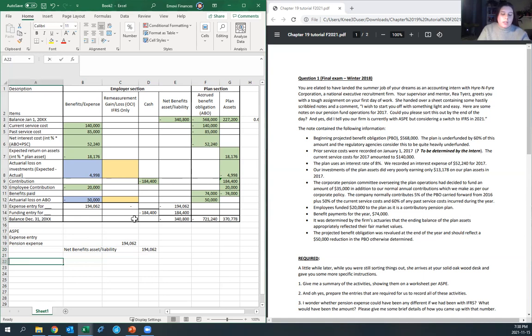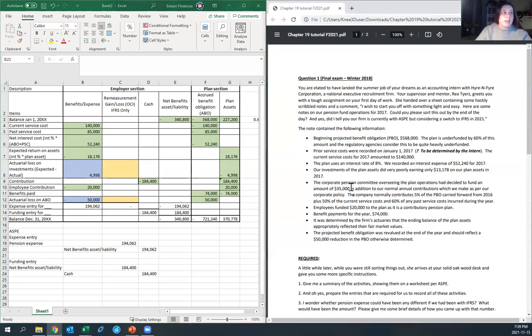And then your funding entry is, again, the same account here, your net benefits asset liability, and it's the 184,000. And you credit your cash because that's the payment that the company made during the year. And that's it for ASPE.